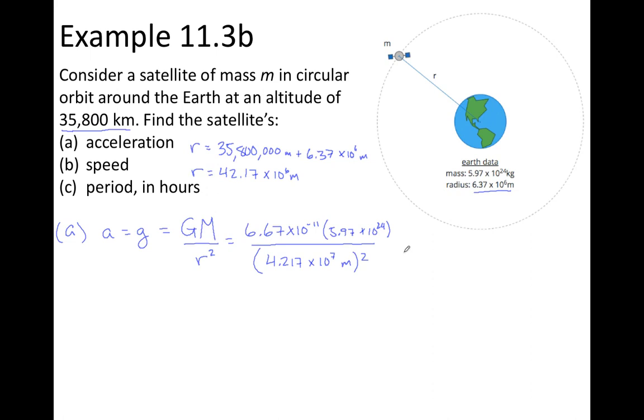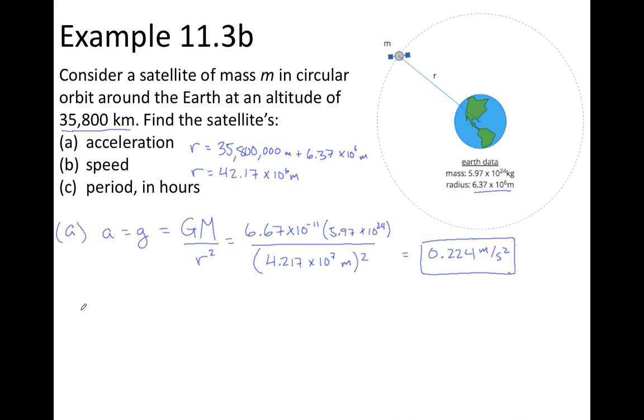Don't forget to square it. And that is going to give us an acceleration of 0.224 meters per second squared. Notice it's not 10. We just calculated g, we didn't get 10.